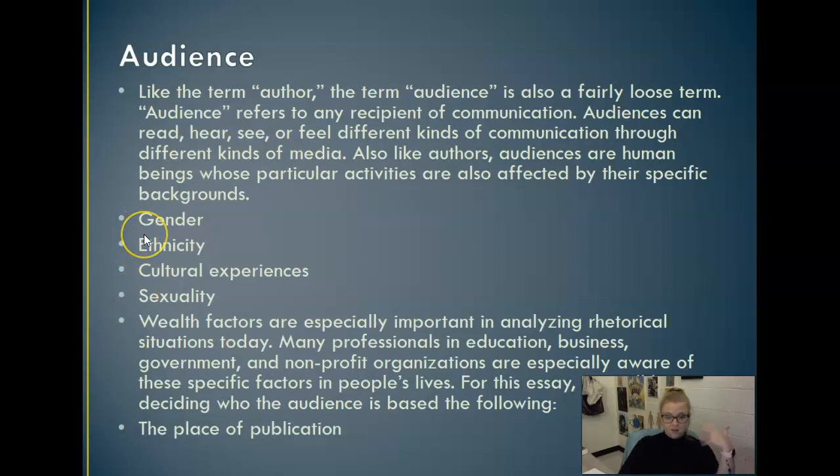Some of these are gender, since lots of ads are addressed to either women or men, ethnicity, race, cultural experiences, sexuality, and wealth. Think about magazines: if we have a more high-end magazine, like Forbes or Esquire, a lot of times their advertisements are going to be for products that are a little bit more expensive.